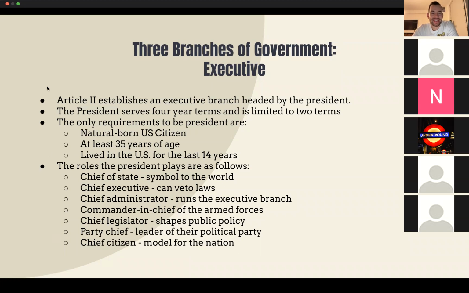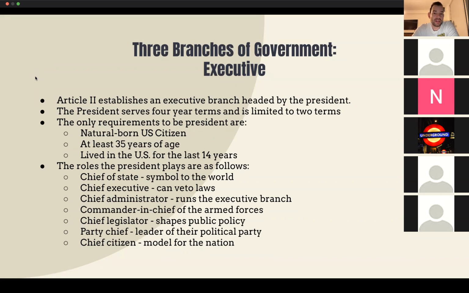Well, that's a scary situation. Obviously, the hope is that in a democracy, somebody would step in to prevent that from happening. So there is an amendment that allows for the vice president and the cabinet to remove the president from office if they're mentally incapacitated.